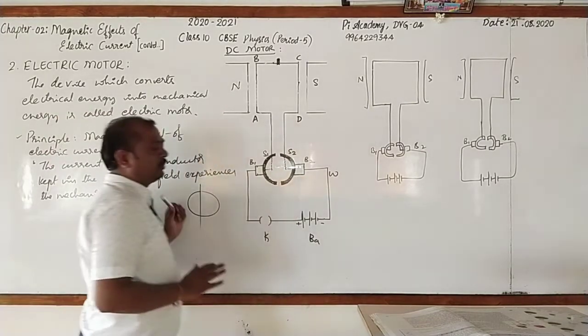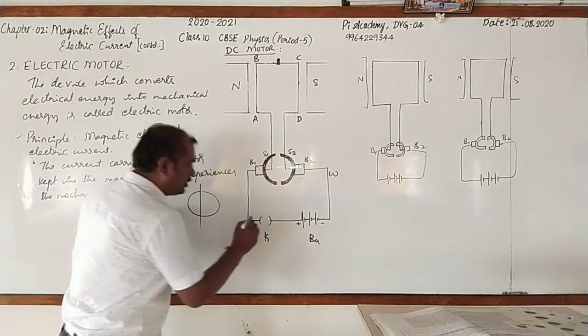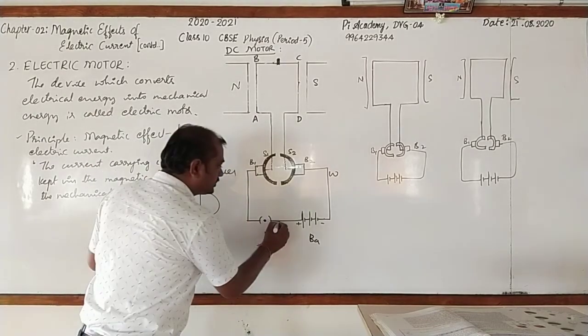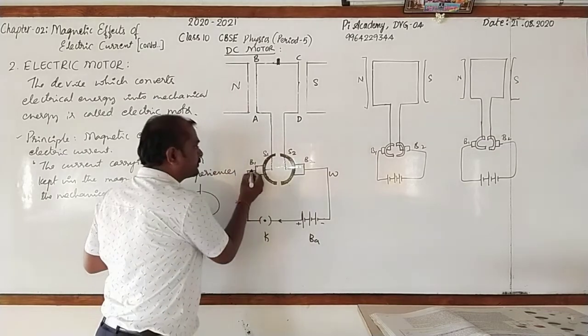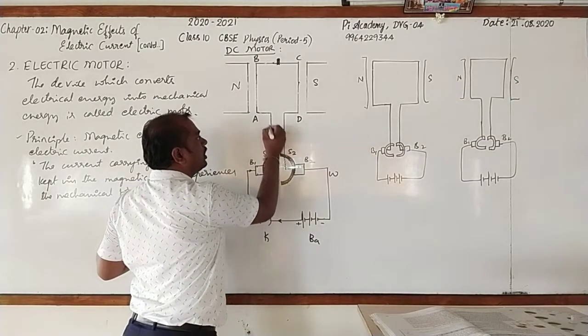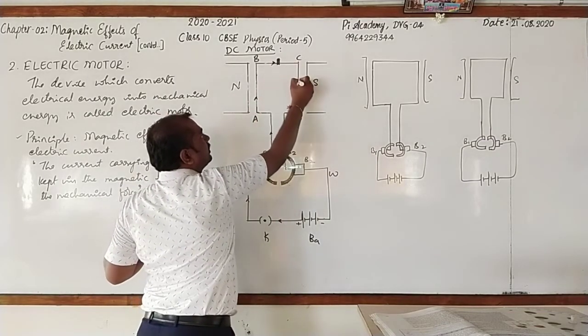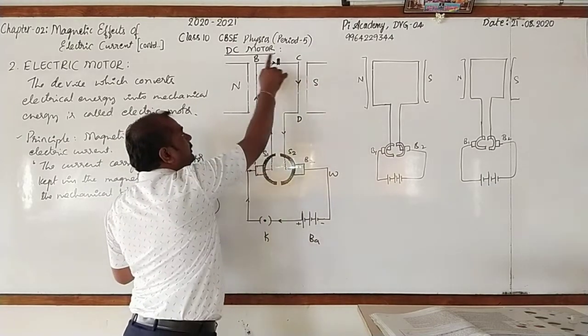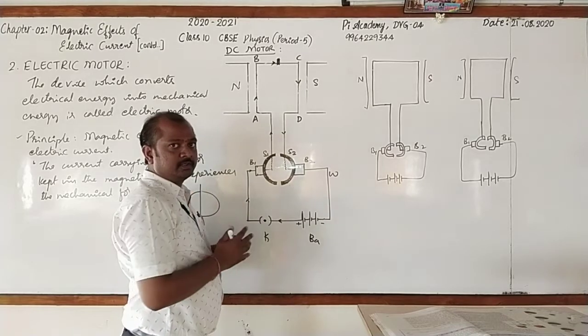Now let us come to know working. Observe it. When you switch on, what happens? The current starts flowing. Observe the direction of flow of current. Okay, current flows through the armature ABCD, right?